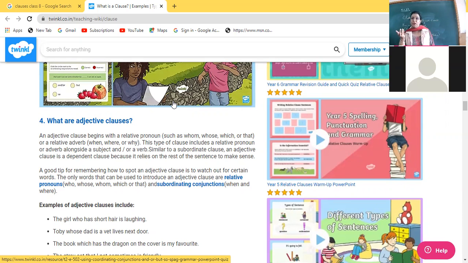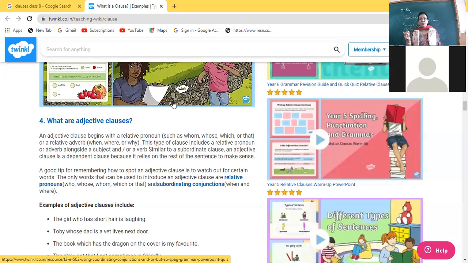What is the way you can identify it? Now, they include a relative pronoun or adverb alongside a subject and a verb. Which three things are in your adjective clauses? Right, you have a subject and a verb and a relative pronoun.